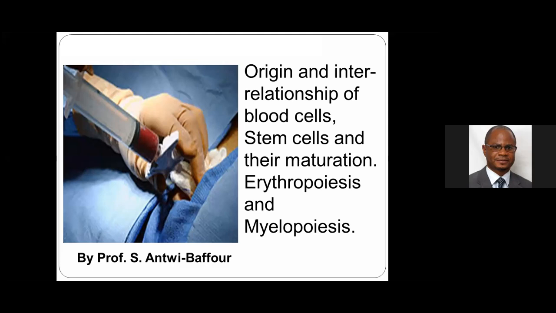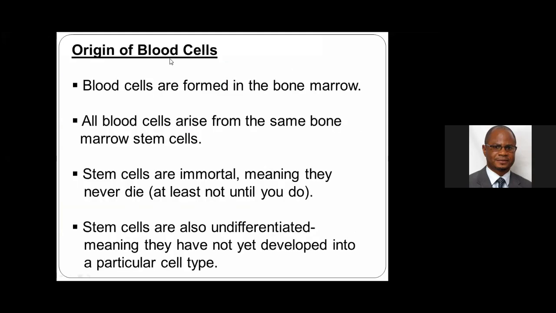So quickly on the origins and interrelationship of blood cells, as I want to talk about now, we will see that blood cells are formed in the bone marrow, all of them. When you go to immunology, they will tell you T cells develop in the thymus.